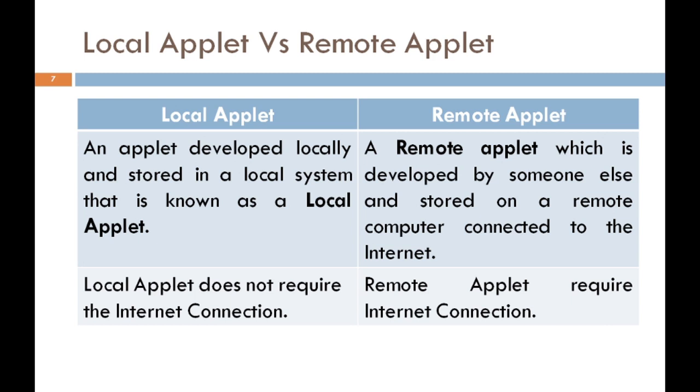The definition of local applet is an applet developed locally and stored in a local system is known as a local applet, while a remote applet is developed by someone else and stored on the remote computer connected to the internet. Local applet does not require the internet connection because it searches only a local directory, while remote applet requires internet connection because it uses the URL.